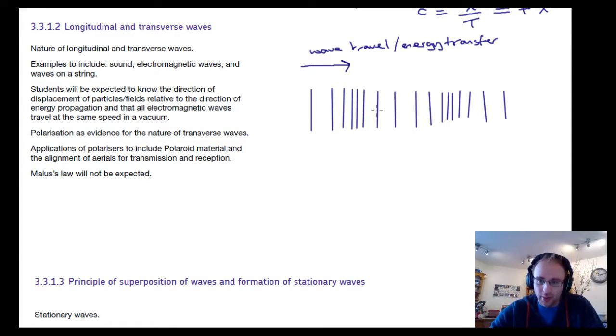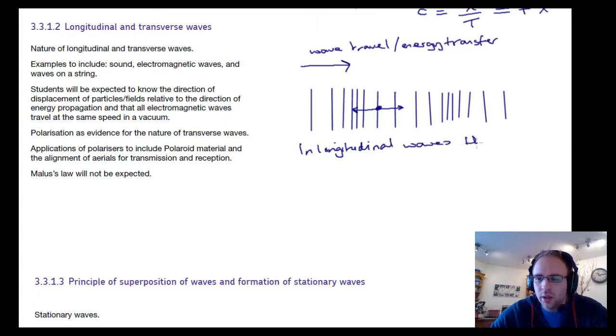So, in a longitudinal wave, if we imagine a particle which is here, normally we talk about air. We'll talk about longitudinal waves. Sound waves are longitudinal waves. So in longitudinal waves, the direction of oscillation is perpendicular. No, that's a lie.